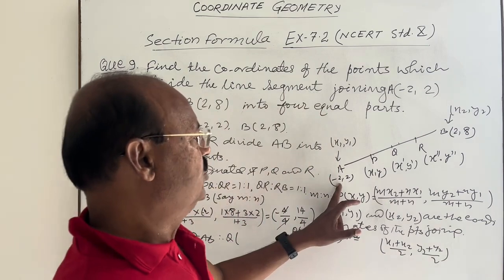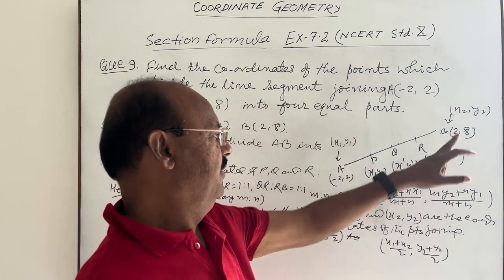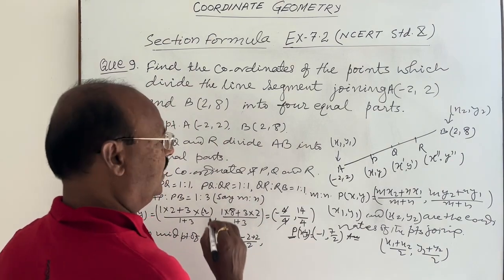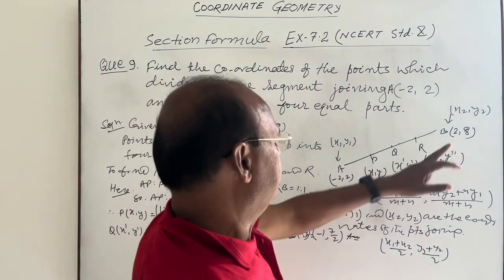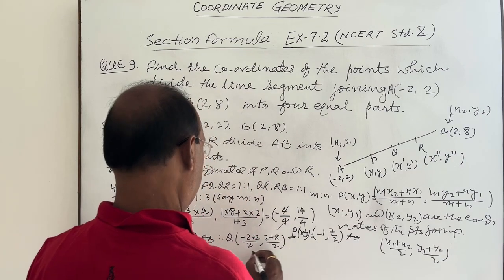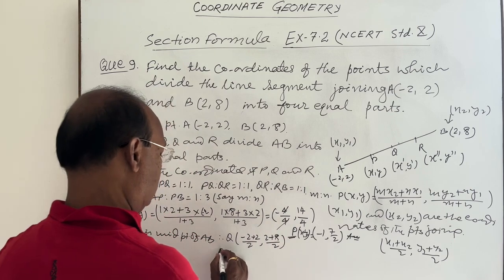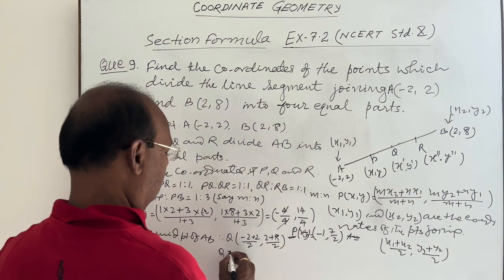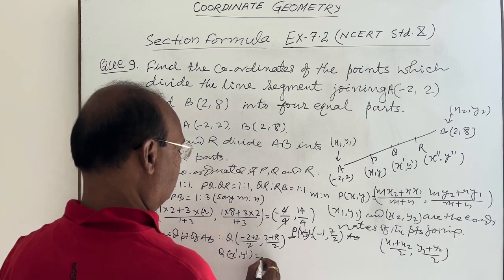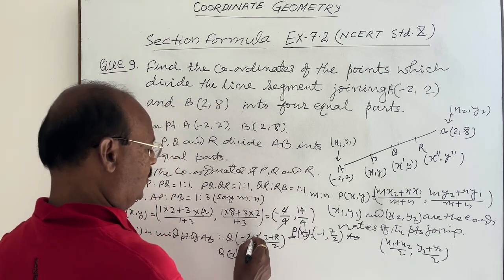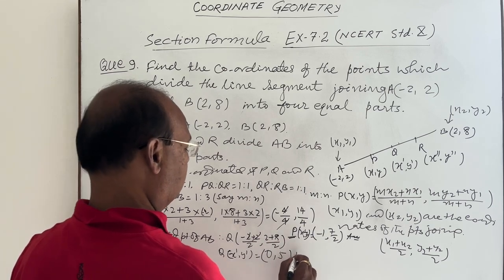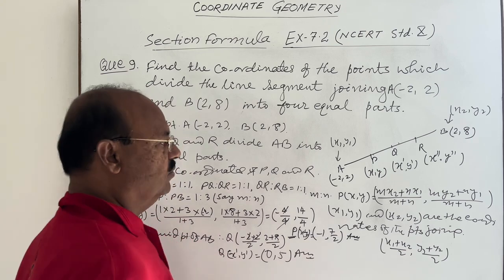So here, minus 2 plus 2 divided by 2, similarly 2 plus 8 divided by 2. This is 0 by 2, that is 0, and 10 by 2, that is 5. This is another answer, the coordinates of point Q.